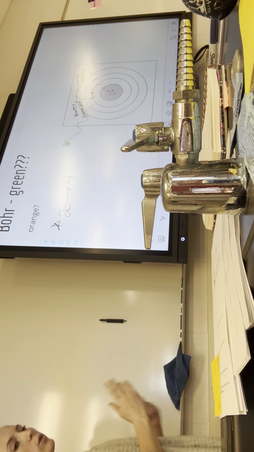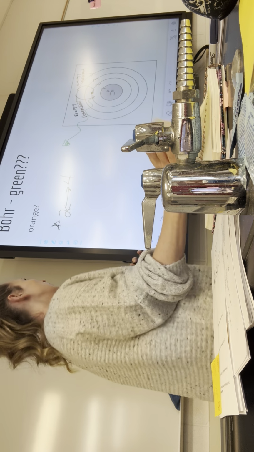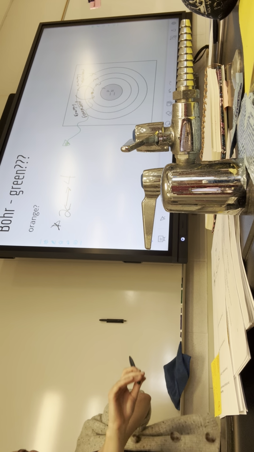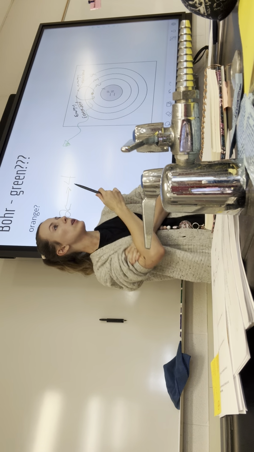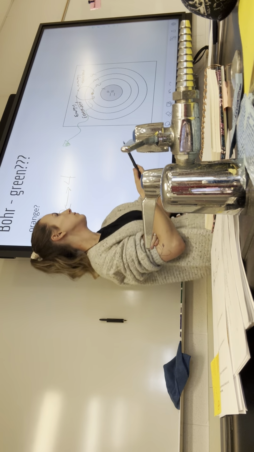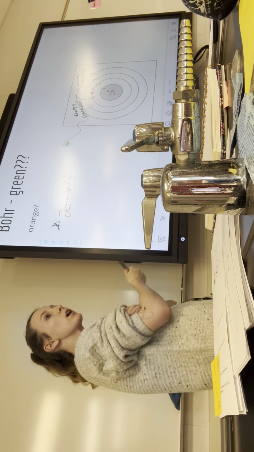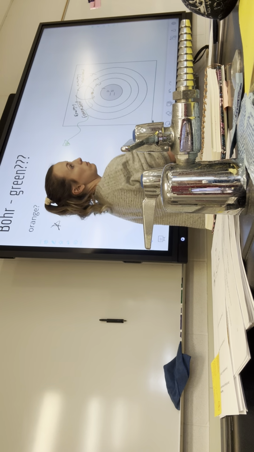When talking about orange light, let's think about this a little bit. When it comes to thinking about orange light and what's being emitted, where is orange on our visible light spectrum? What colors is it between? Also think about whether this is just one electron, one atom that this is happening with, or if it's multiple.